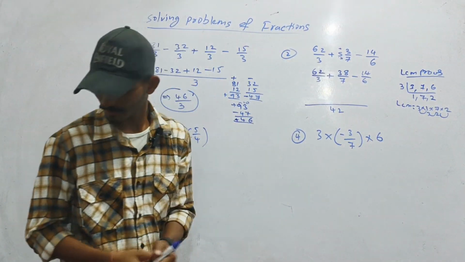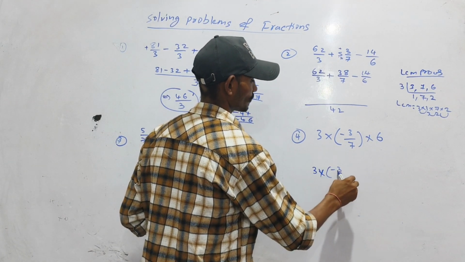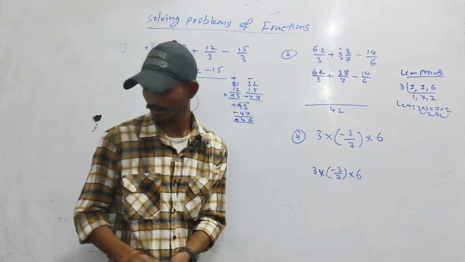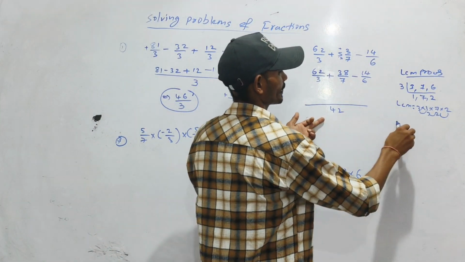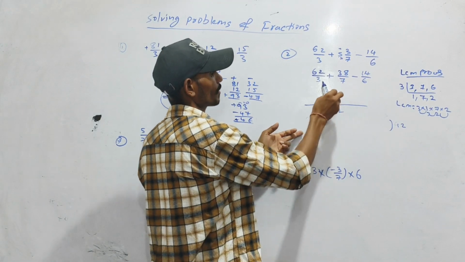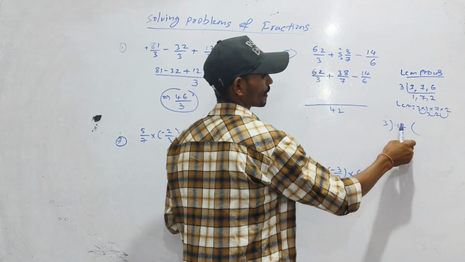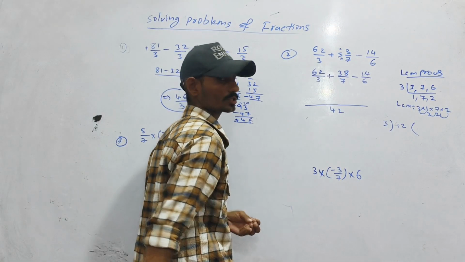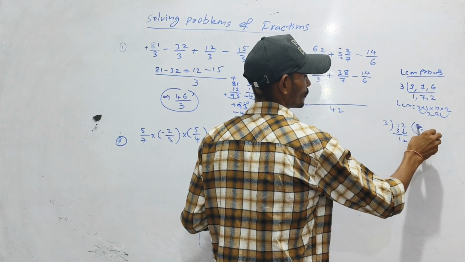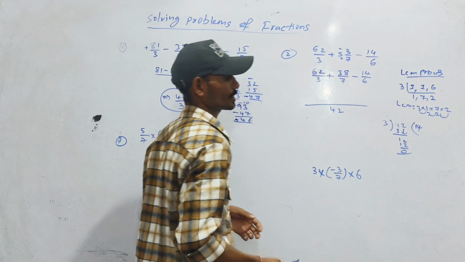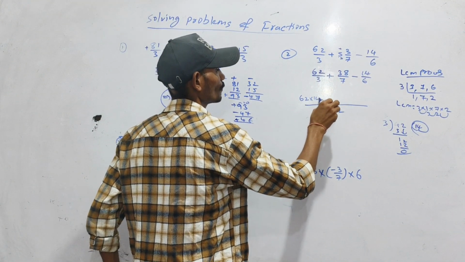The LCM is divisible by every denominator, and whatever coefficient you get is multiplied with the respective numerator. So 3 ones are 3, remainder 1, next 4 threes are 12. So the coefficient is 14. This coefficient is multiplied with the numerator, 72 into 14.